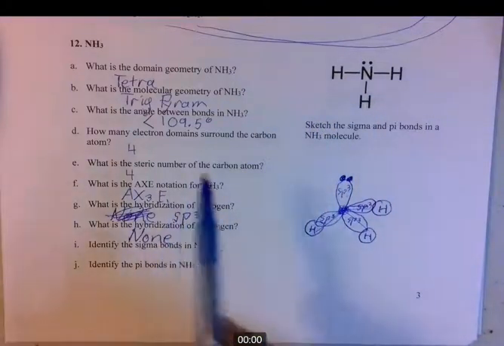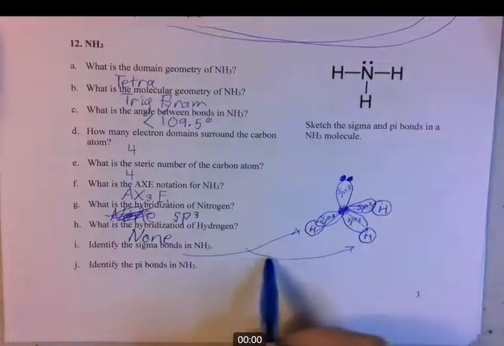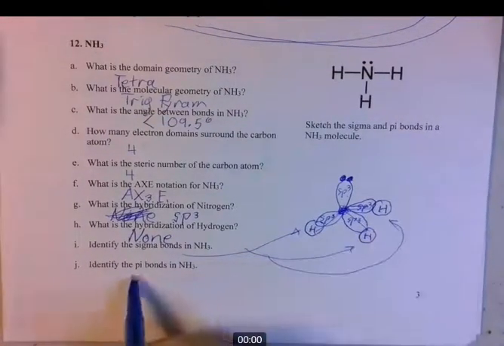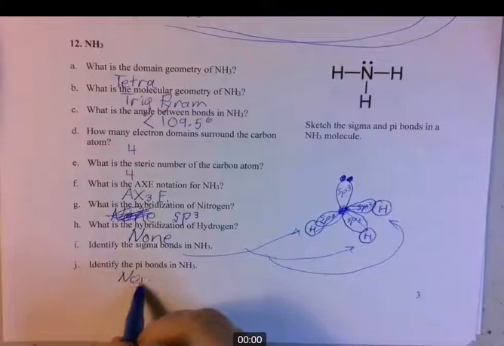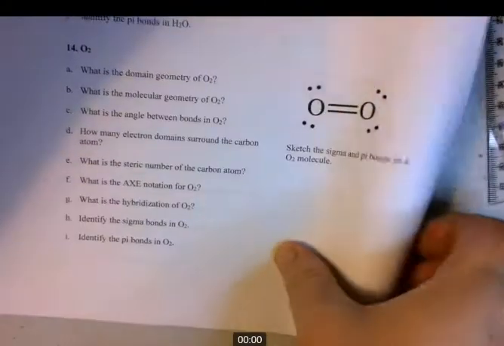So the sigma bonds are these guys. And identify the pi bonds. There are none. If there's no double or triple bonds, there's no pi bonds. All right. So hopefully this is kind of making some sense. And we're going to keep speeding along here.